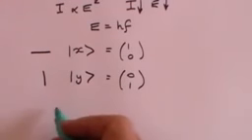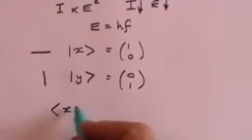Now I'm going to introduce that term that I said would be very important, and that is the inner product of x and y. And this turns out to have a very important physics meaning.